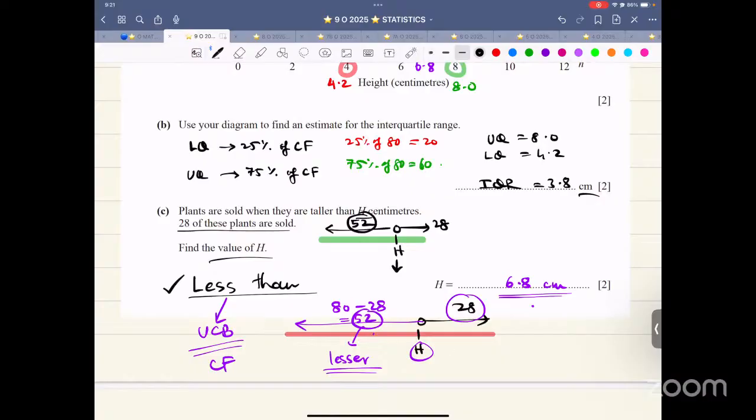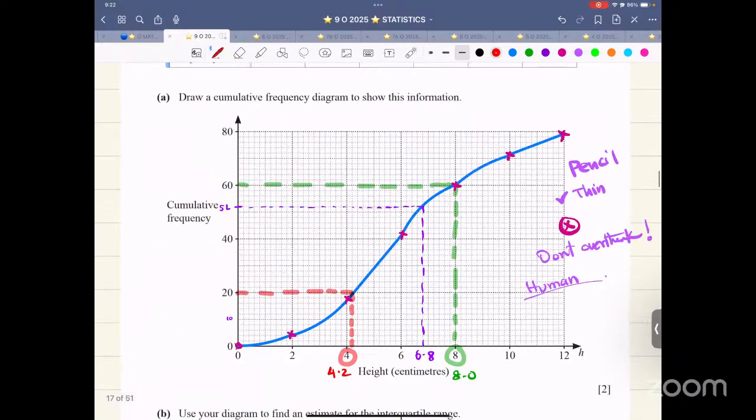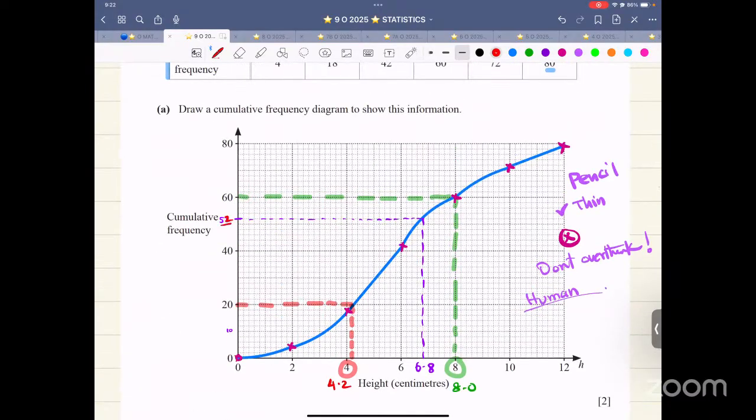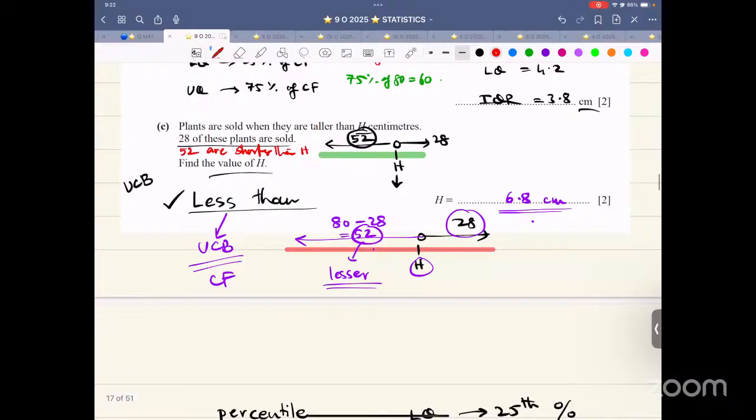The keyword is lesser because it's based on the upper class boundary. So technically, you are changing the statement. Plants are sold when they are taller than h, 28 of these plants are sold, therefore 52 are shorter than h. So now I'll go to this value 52, touch the graph, and read off this value. This value is 6.8. That is the answer over here.